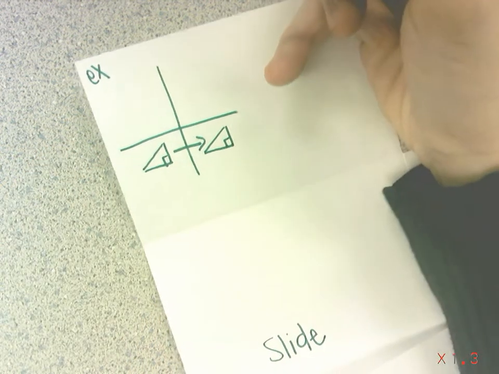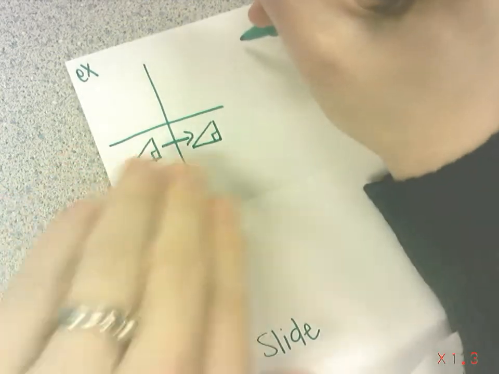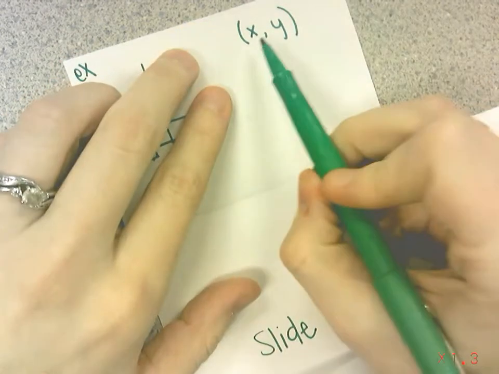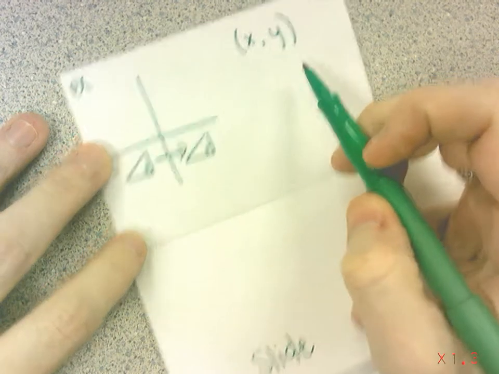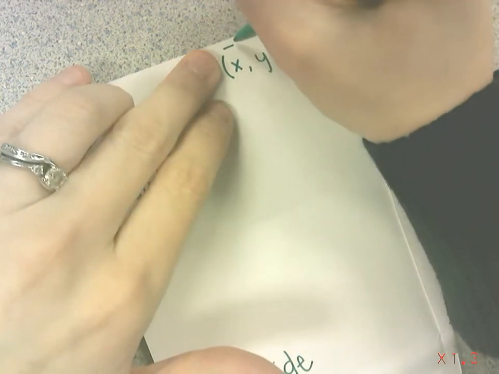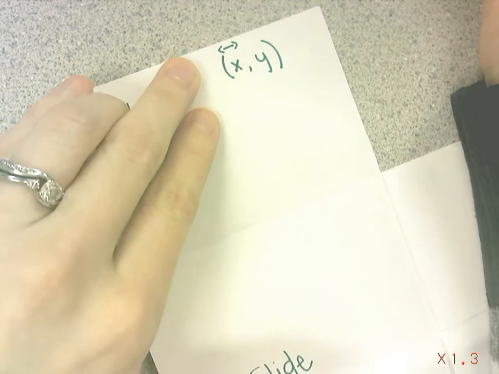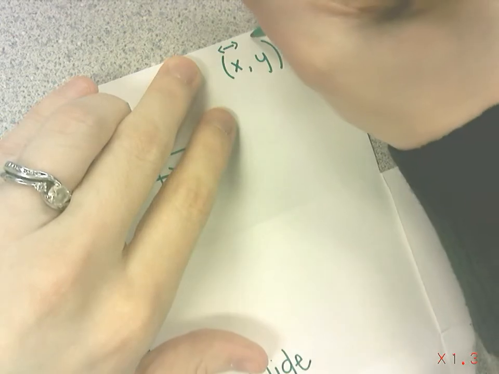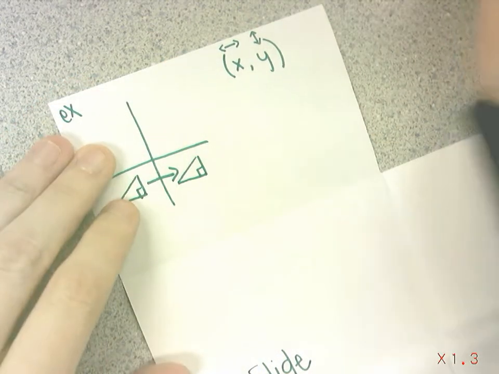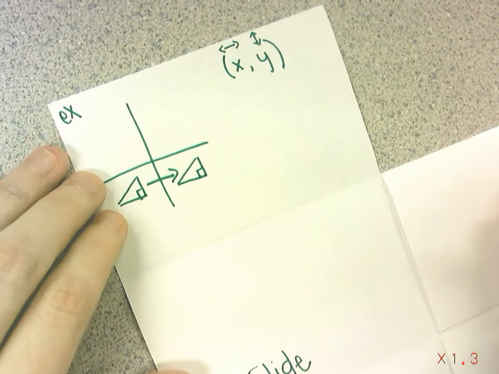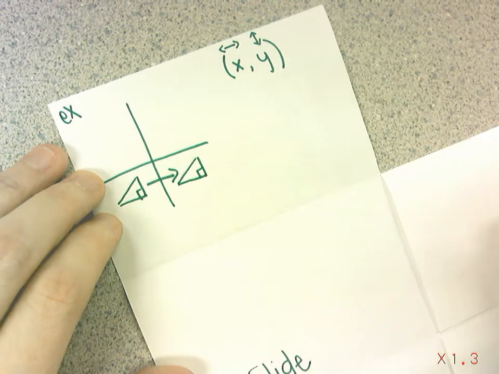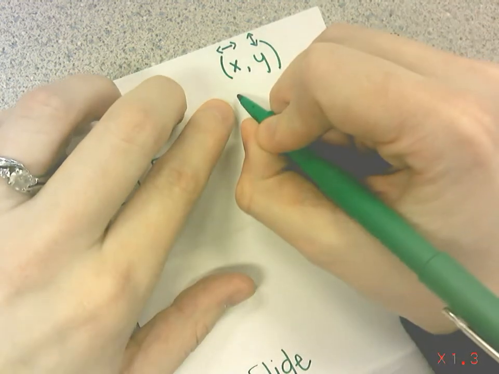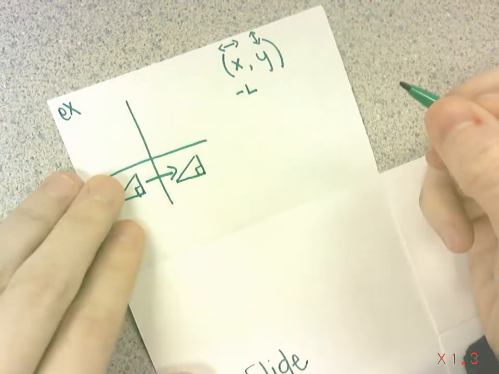So, if we were going to write this in mathematical terms, here we have our x coordinate and our y coordinate. Remember that the x coordinate, or the x-axis, goes right and left. That's your horizontal line. And your y-axis goes up and down, your vertical line. So if we were going to move something on the x-axis, if we were going to move it to the left, you would have to subtract a number to go to the left.